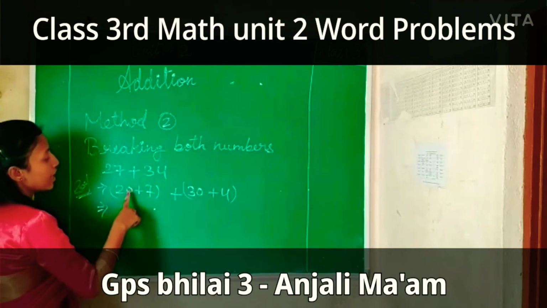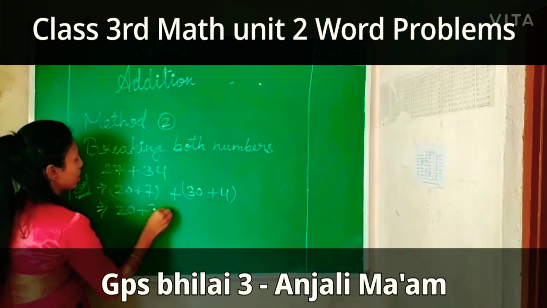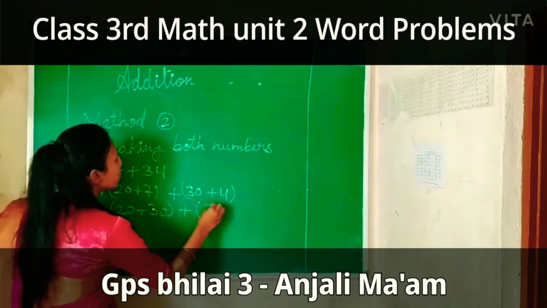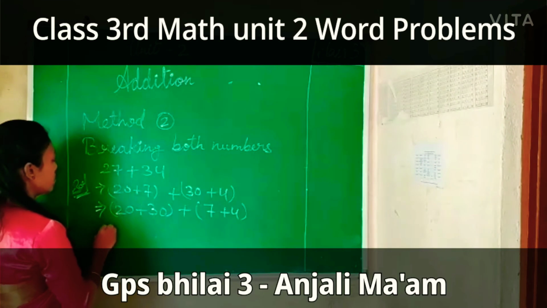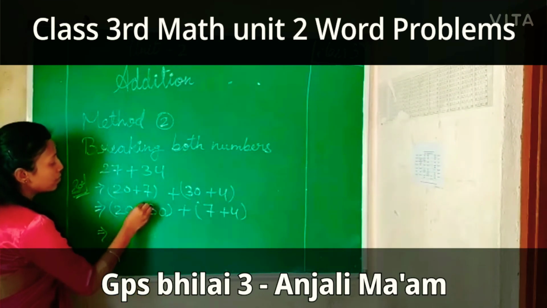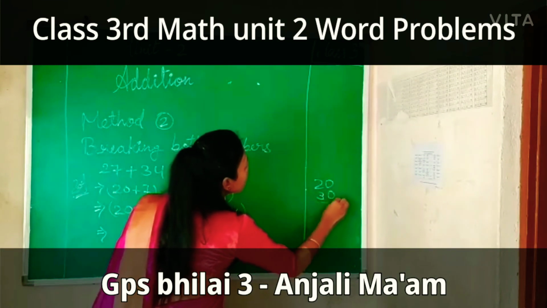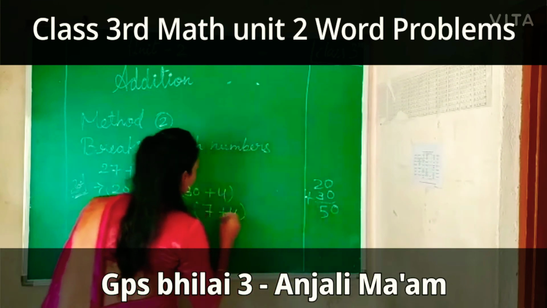Now simplifying it as 20 plus 30 and 7 plus 4. So 20 plus 30 will become how much? Here you will add 20 plus 30, 0 plus 0, 0, 2 plus 3, 5.